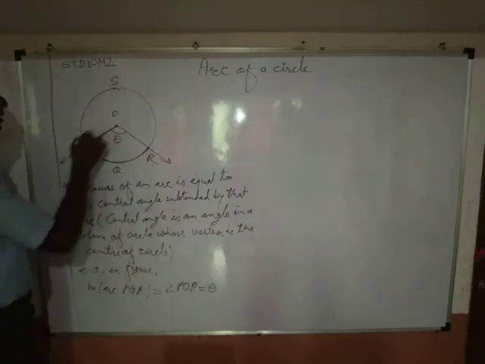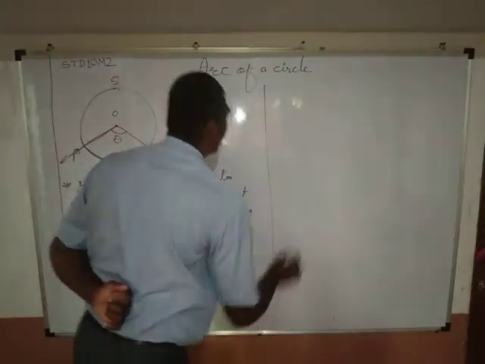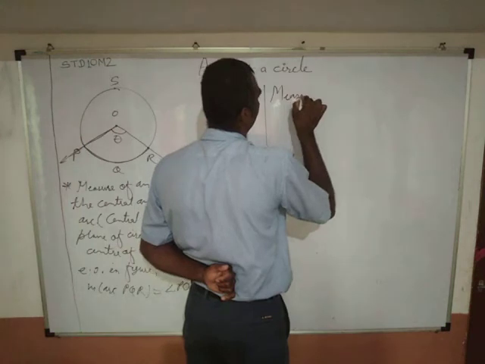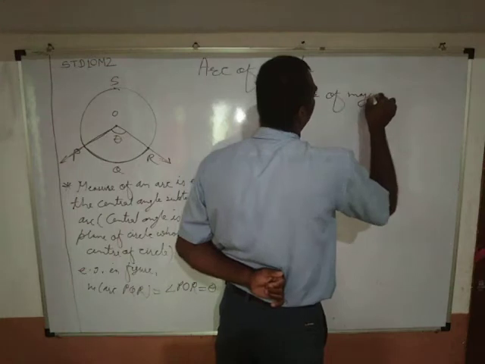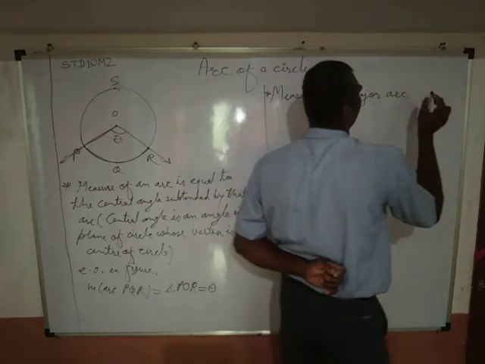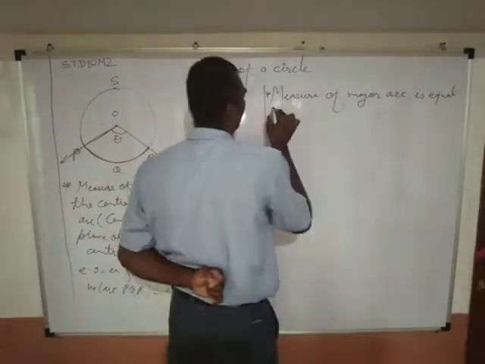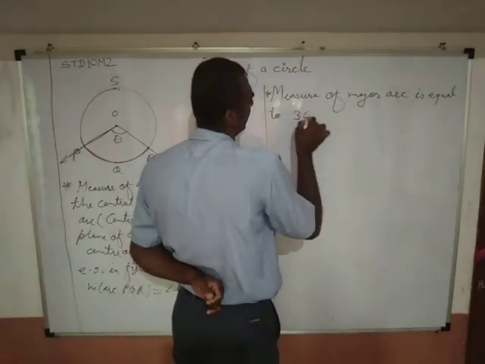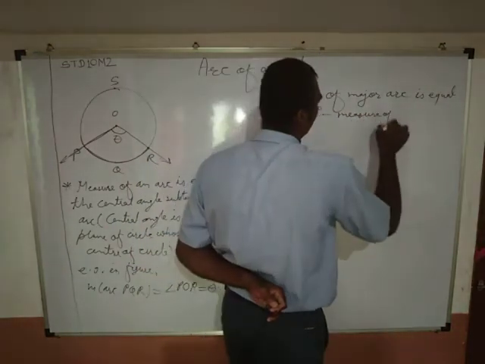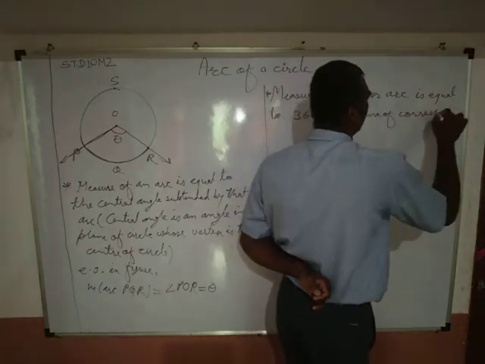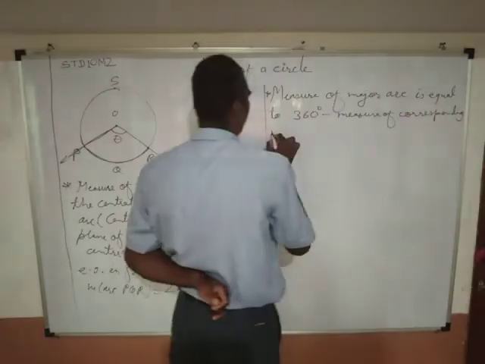It's about a minor arc. And what's about major arc? Then measure of major arc is equal to 360 degree minus measure of corresponding minor arc.